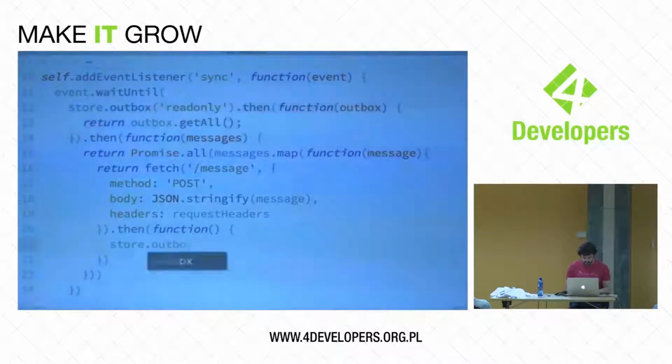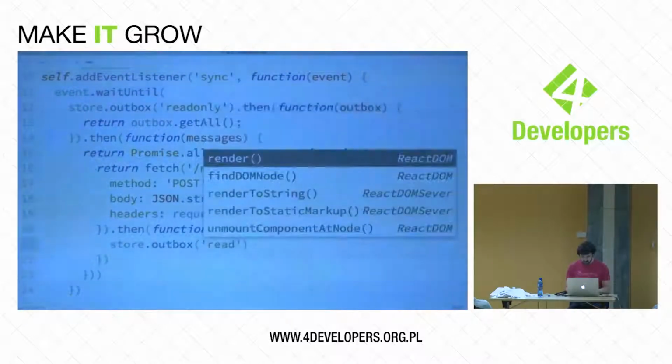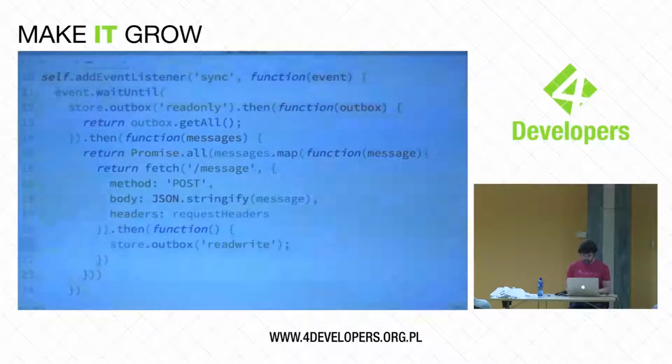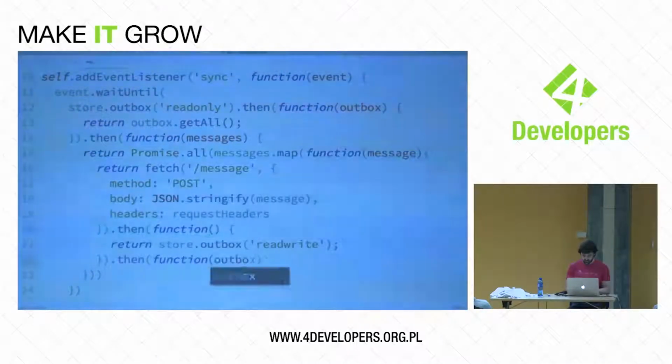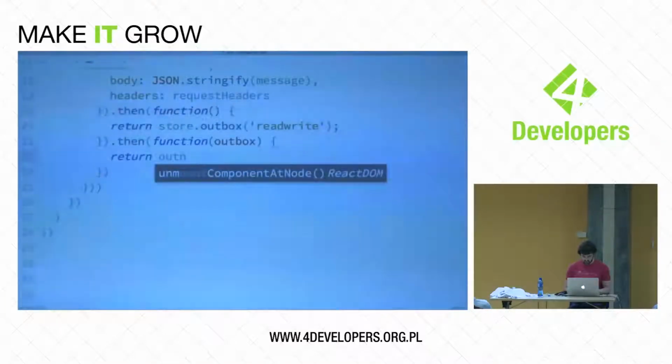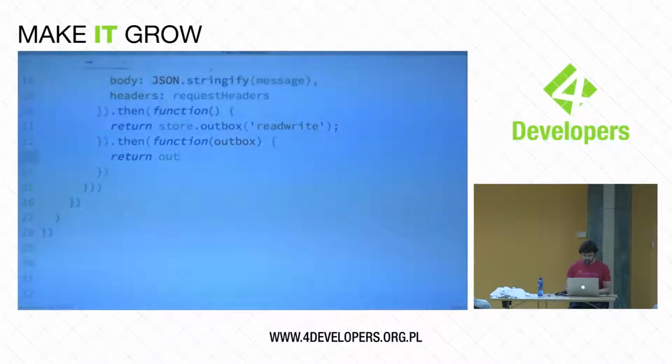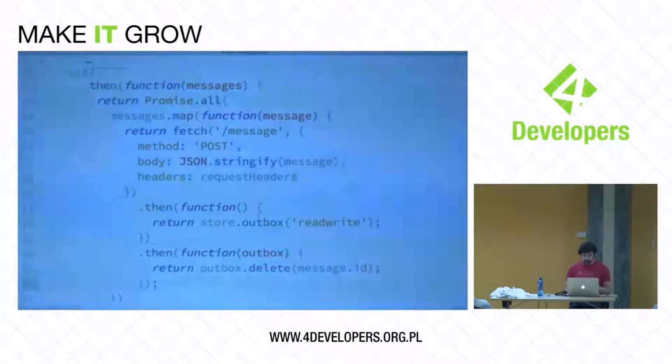So I'm just going to open up the store in read-write mode this time. Return that. Open up the store in read-write mode, which will get me the outbox, and then use that to delete the message by its ID.